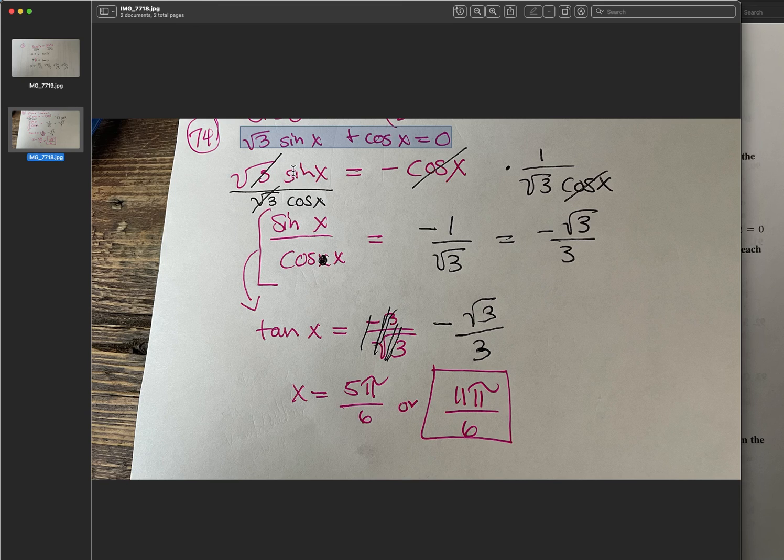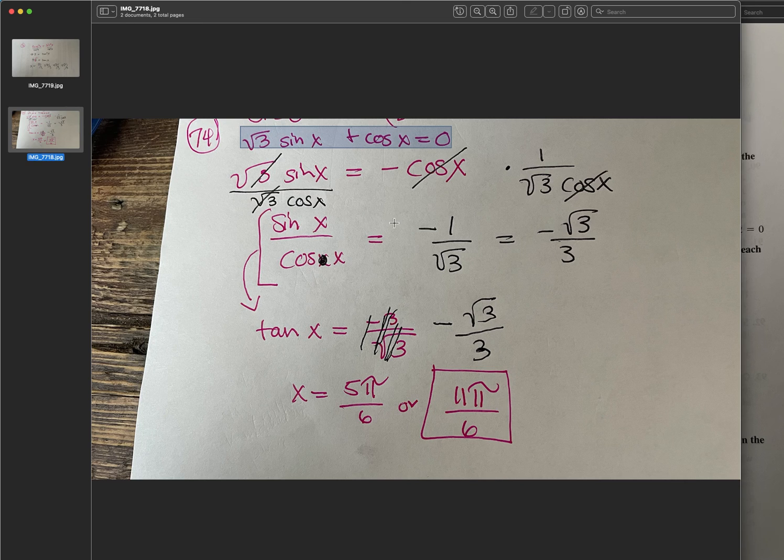In other words, square root of 3 sine x is equal to negative cosine x, and then I divided both sides by square root of 3, and you see it here too, and I divided both sides by cosine x, so that I could get all the x's together, and sine x over cosine x is just tangent x.